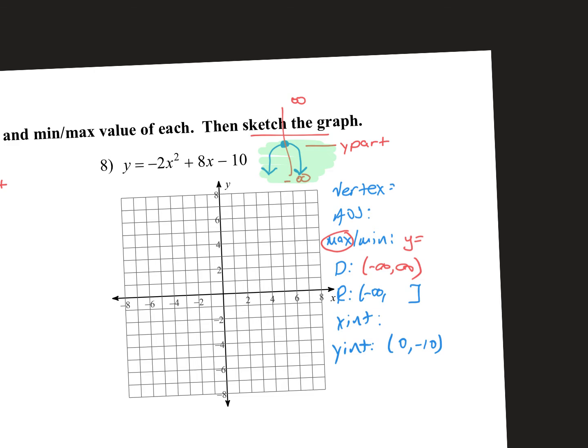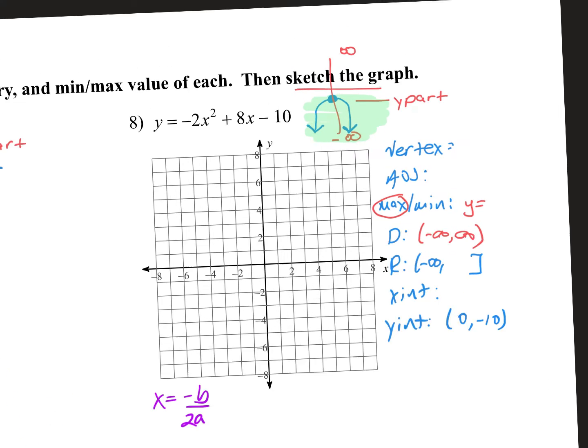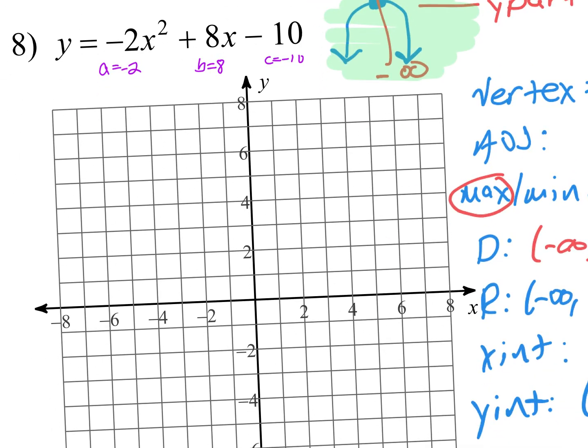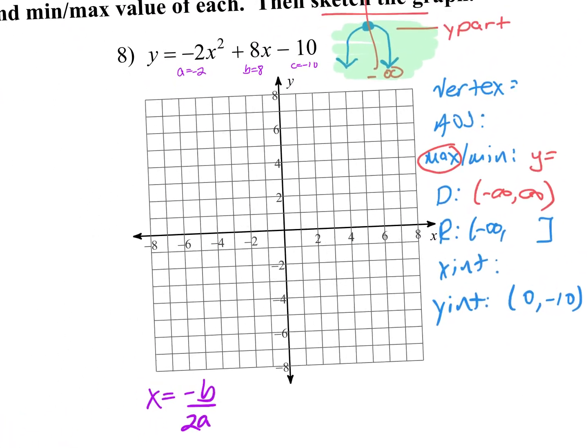So let's go about finding the vertex. All right, if we're going to find the vertex, I know to find the x part of the vertex, we have a cute little formula. It's negative b over 2a. So I look back here, and a is negative 2, b is 8, and c is negative 10. Agreed? Yes or no, guys?